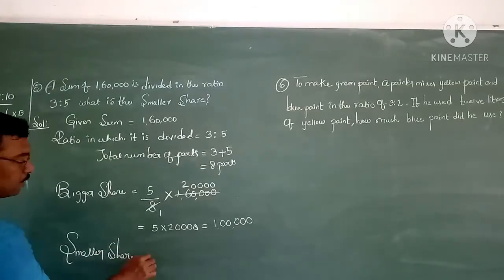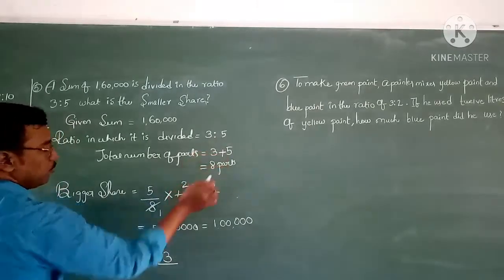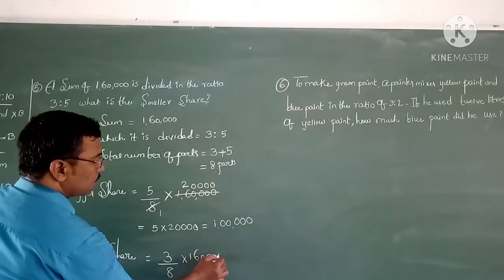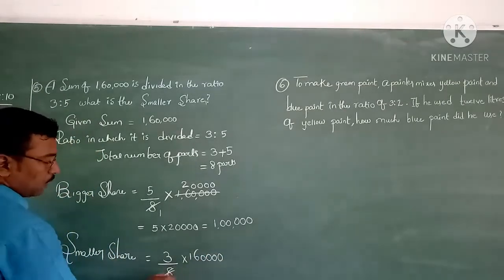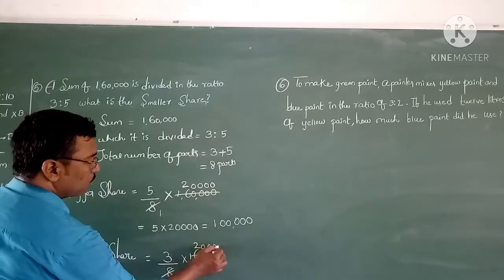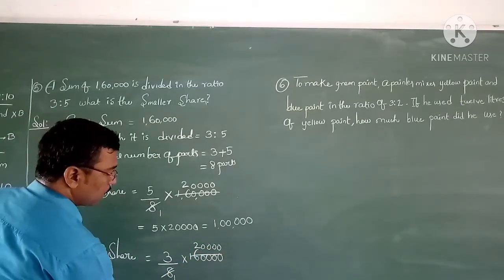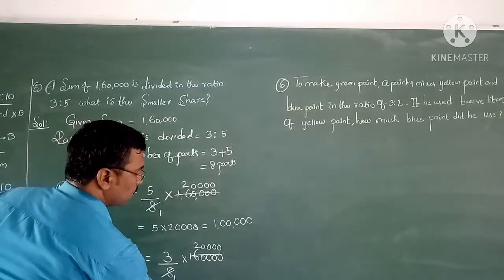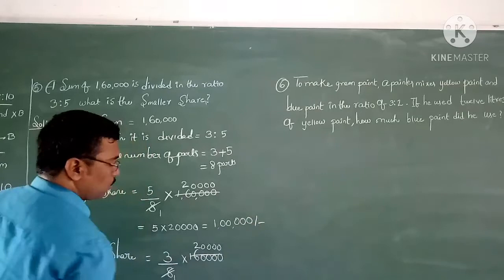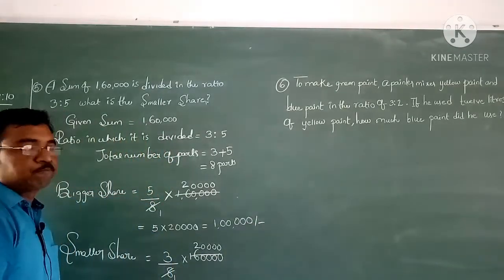The smaller share is 3 parts only. So 3 by the total number of parts 8, into 1,60,000. 8 ones are 8, 8 twos are 16 and the remaining 4 zeros. So 3 into 20,000 is 60,000 rupees. The smaller share is 60,000 rupees.